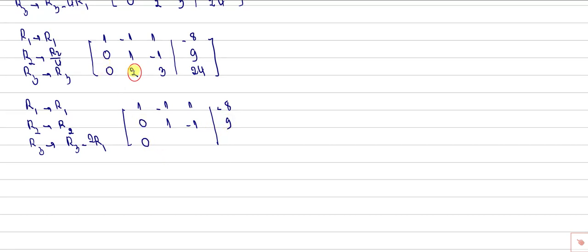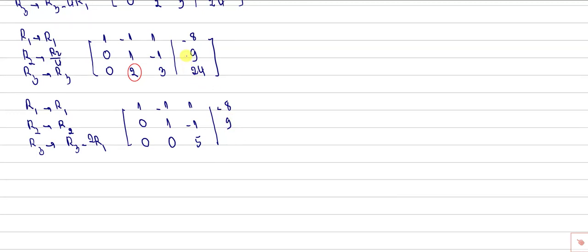0 minus 0 is 0. This one is times 2, 2 minus 2 is 0. 3 minus 2 times minus 1: minus multiplied by minus is plus, 3 plus 2 is 5.